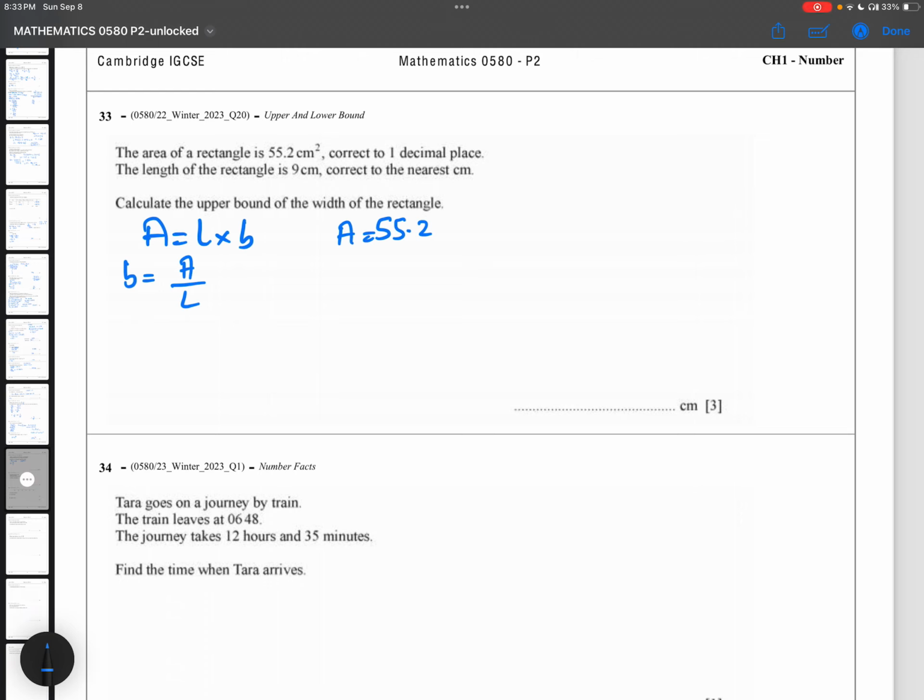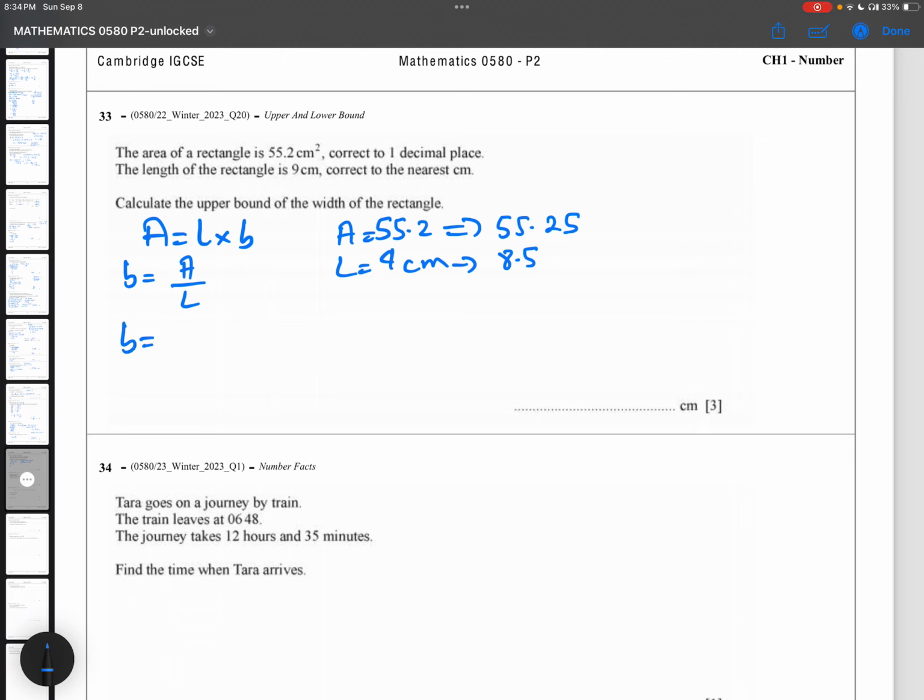The upper bound of it will be 55.25. Okay. The length is 9 centimeters. So lower bound of this length, which has been rounded to nearest centimeter, will be 8.5.